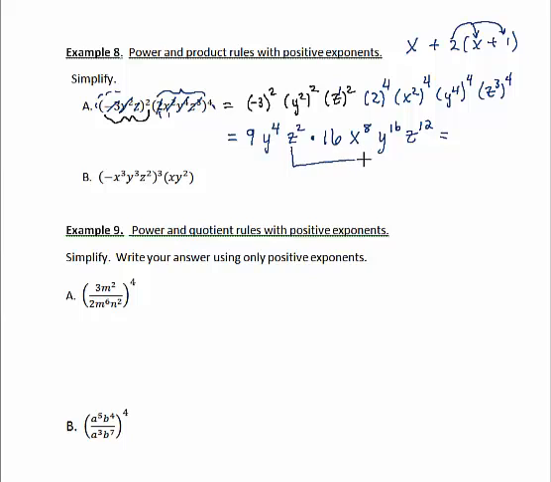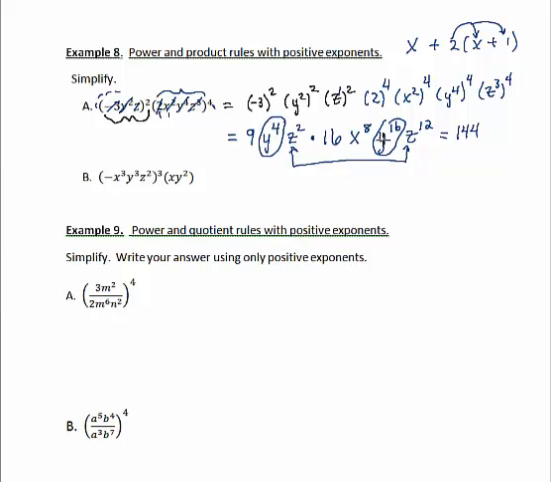And so here we have z's, we have y's, and it's important to note that all of this is being multiplied together. There is no addition or subtraction in between these coefficients and variables. So we have a 9 times a 16, which is, let's see, 144.